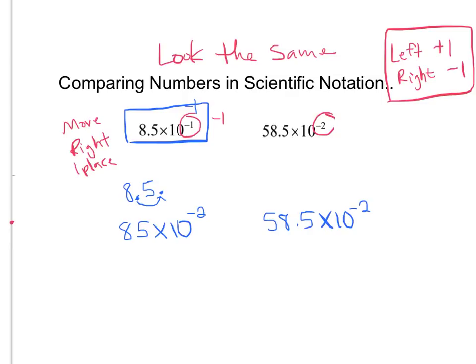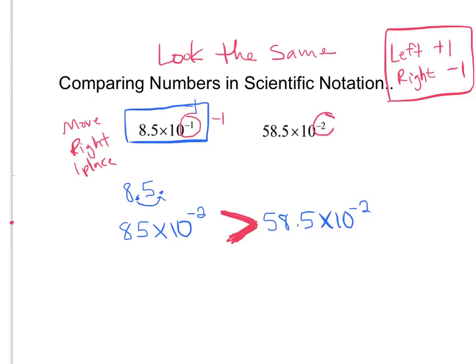Well, now this is where it gets a little bit trickier. Which one is the bigger number? Now keep in mind, these are both decimals with zeros and some number at the very end. So we don't have to worry about negatives, we just have to worry about which one is going to be the bigger number. And so what we can say is that 85 is obviously bigger than 58.